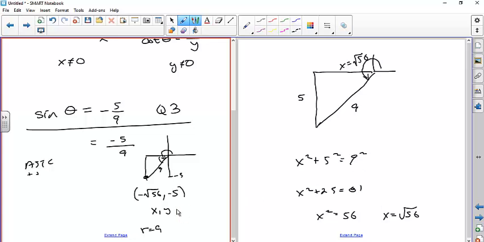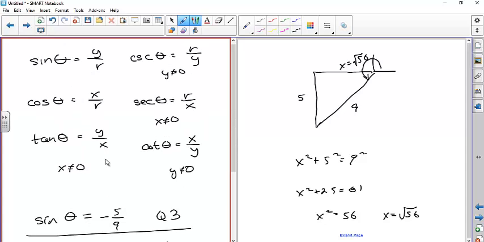So with these three things, you can go up and then just plug into this formula, as long as you have the signs of x and y correct, which I got because I was told that it was in the third quadrant. So they talk about reference angle in section 4, but we already talked about that.